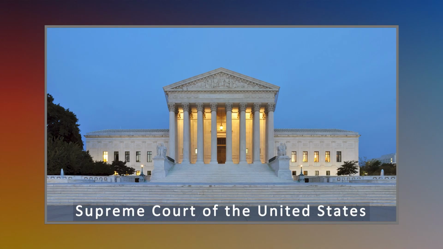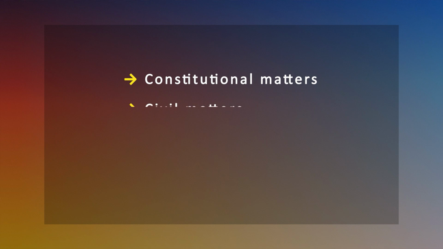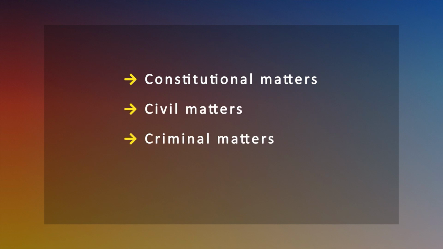It can be truly said that the jurisdiction and powers of the Supreme Court in their nature and extent are wider than those exercised by the high courts of any country in the Commonwealth or the Supreme Court of the USA. The appellate jurisdiction of the Supreme Court of India can be divided into four main categories: constitutional matters, civil matters, criminal matters, special leave to appeal.